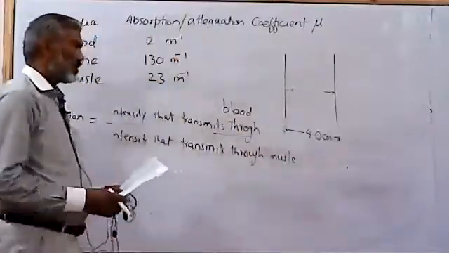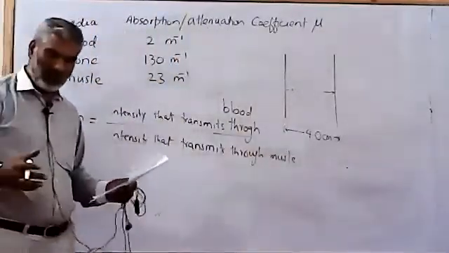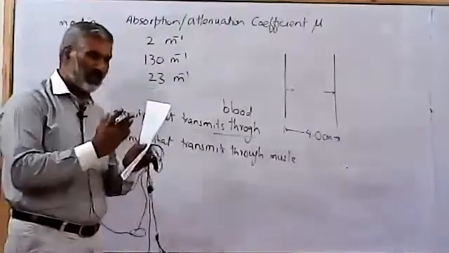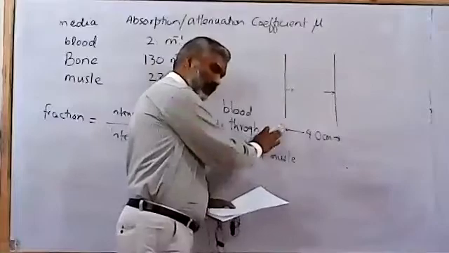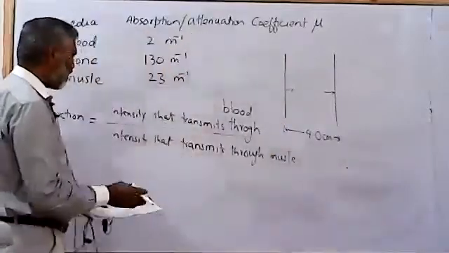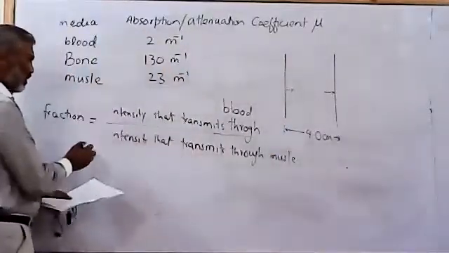We take a section of the body which is a muscle and we make sure that its thickness is exactly the same, 4 centimeter. What will be this ratio equal to?